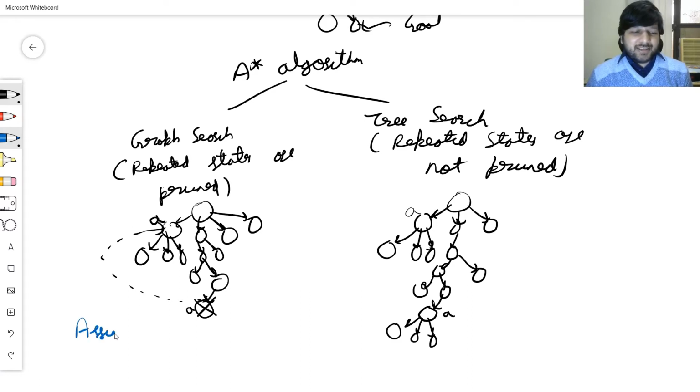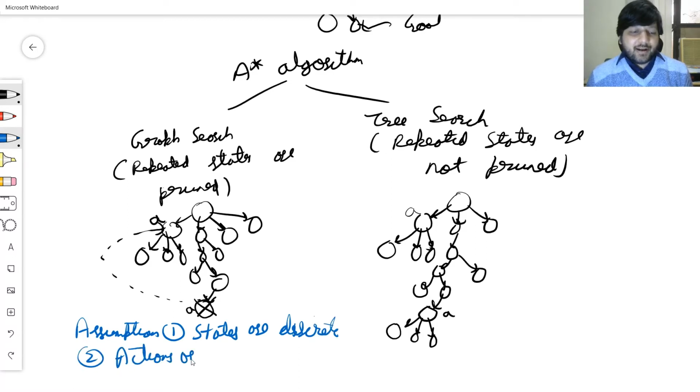Here my assumption is the states are discrete and my actions are discrete. So this is 1, 2, 3, 4, only 4 edges because there are 4 discrete actions. My actions are discrete. States are discrete so that this A and this A can be mapped. If A wouldn't have been discrete, two real numbers can never be checked for equality.